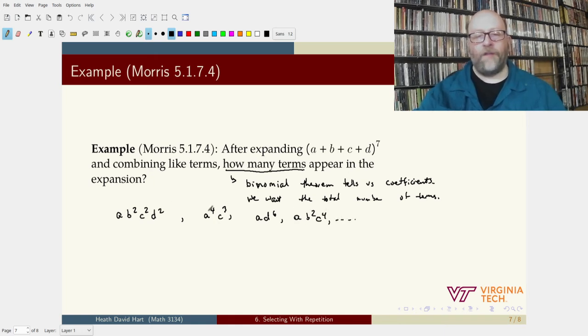Combinations where the exponents add up to 7, where we can have 0 exponents. So we might have no B's and no C's in these.